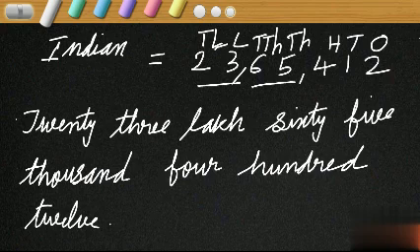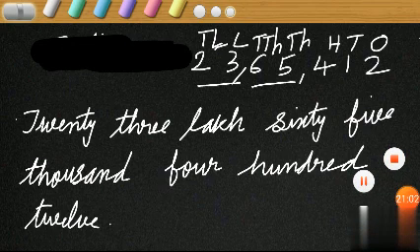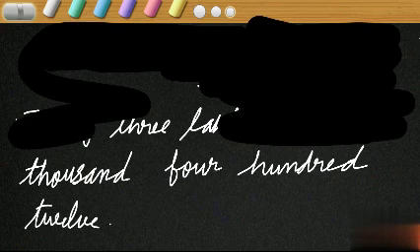So for converting a number in the international system to the Indian system, what do we have to do? First write the numeral in the international system, then write the numeral in the Indian system, then write the number name in the Indian system. Okay? Let's try to do the second question. Second one, B. Have you understood the concept? Question B is: the number will be given in the international system and we have to convert it into the Indian system.